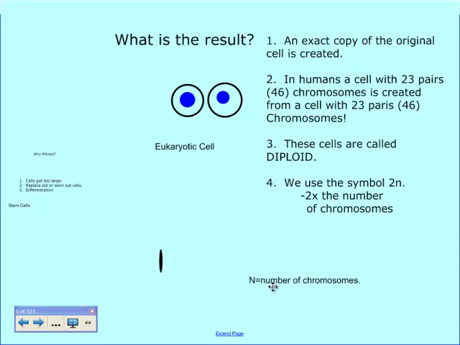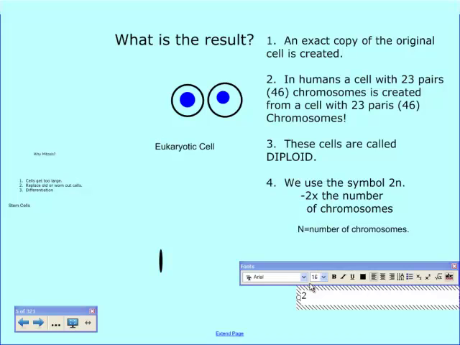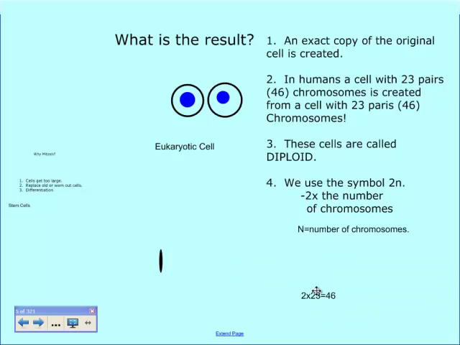So if you have 2 times that, you have 2 times the number. In humans we have 23 chromosomes, and 2 times 23 equals 46. That's pretty basic math, but that's what that means.